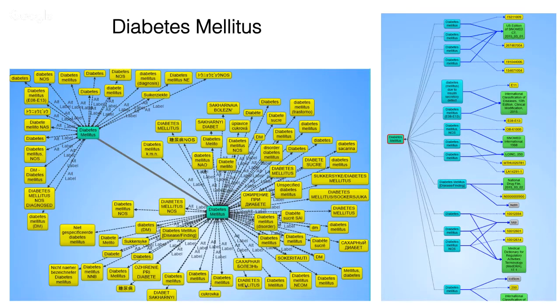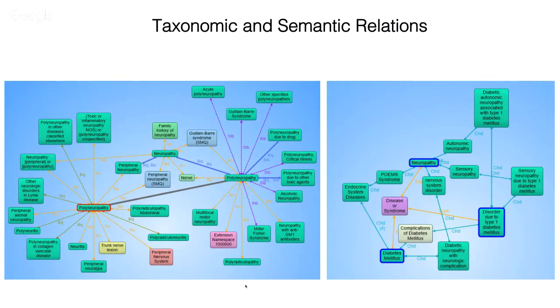So you can trace these concepts. On the left-hand side, you see the semantic relationships according to the meta-thesaurus, relatedness, broader and narrower relationships between the concepts, such as polyneuropathy and different representations of neuritis and peripheral neuralgia and everything else. On the right-hand side, there are taxonomic relationships.